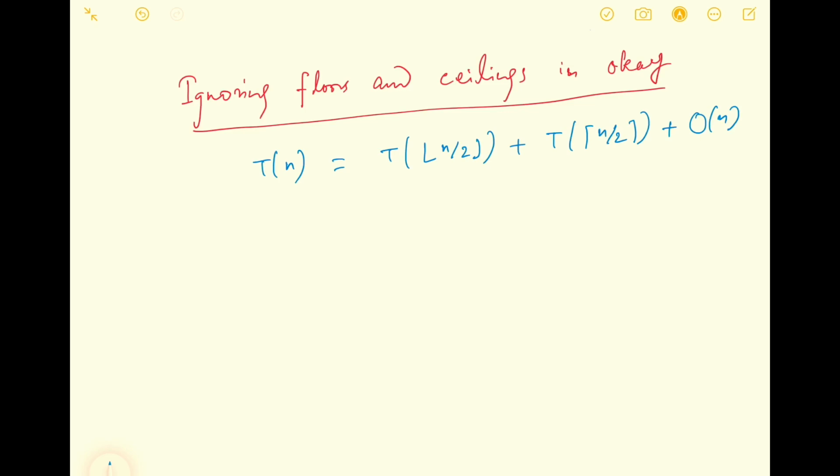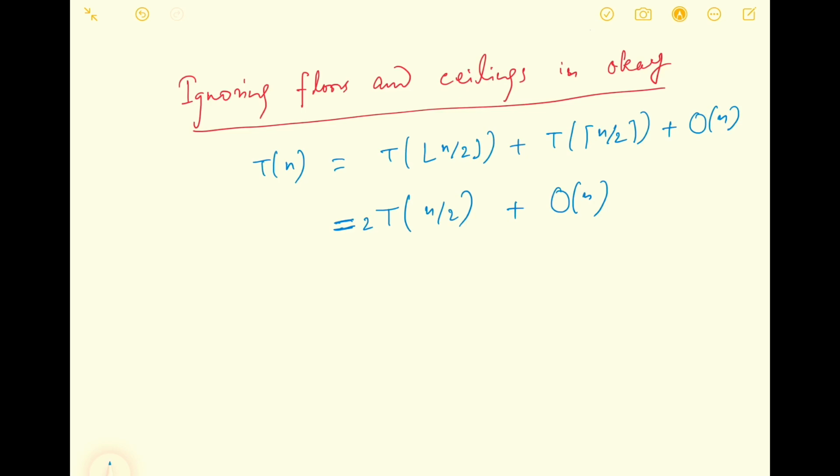And we said that you can simply ignore these floors and ceilings, and write this as T(n) equals 2T(n by 2) plus O(n). Now we will justify why and how you can write this and why it is a correct mathematical statement.